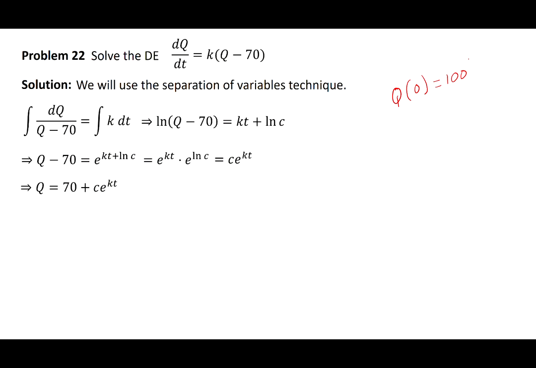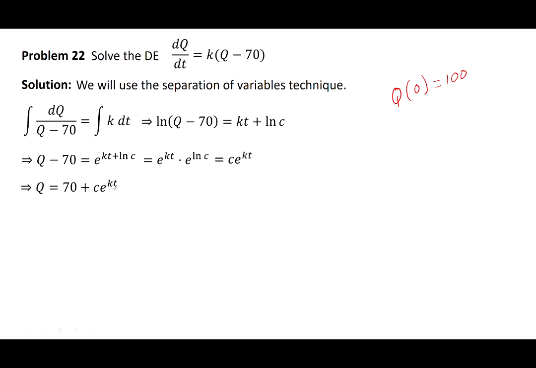Can you figure out the value of C now based on that? Yeah, plug in t equal to 0. So when you plug in t equal to 0, kt becomes 0, e to the 0 is 1, and so this whole thing reduces to C. C times 1 is C. Are you with me?